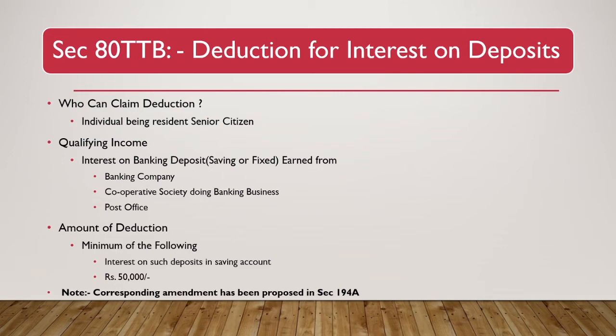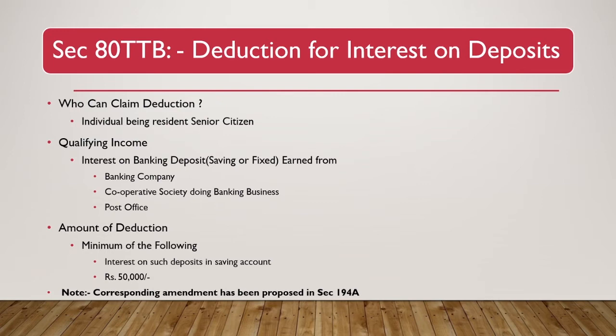Interest received from savings bank account or fixed deposit account can be claimed as deduction. Interest received from both or one together can be claimed as deduction up to rupees 50,000. Let us have a quick review of this section. Section 80TTB, deduction for interest on deposit.